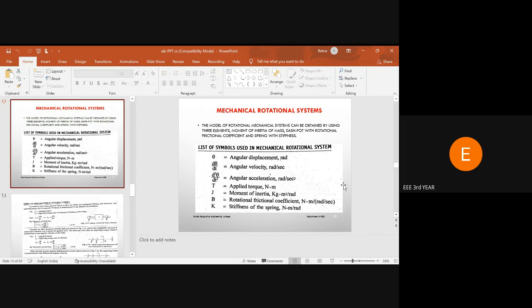The symbols of the mechanical rotational system are: theta is angular displacement, d theta divided by dt equals angular velocity, d square theta divided by dt square equals angular acceleration, T equals applied torque, J equals moment of inertia, B equals rotational frictional coefficient, K equals stiffness of spring.